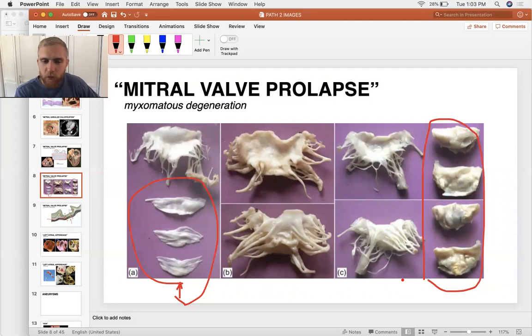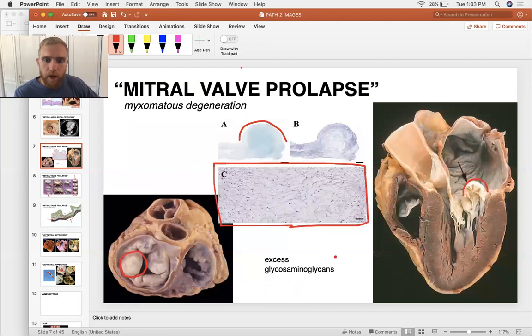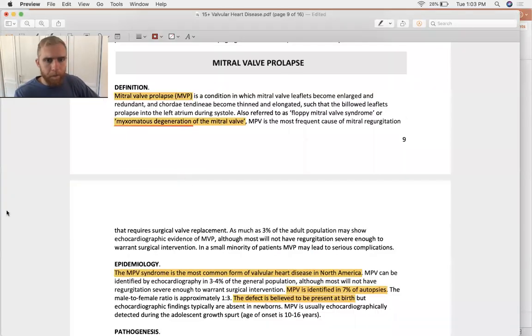It's really noticeably thicker and heavier and more dense than the normal valve on the left side here. So this here on the right, that's what your prolapsed valve looks like. And it looks like that because it's got a bunch of these glycosaminoglycans on the inside, in the core of its structure.